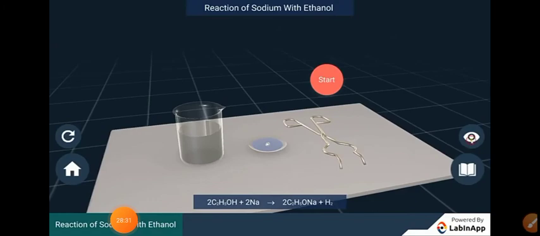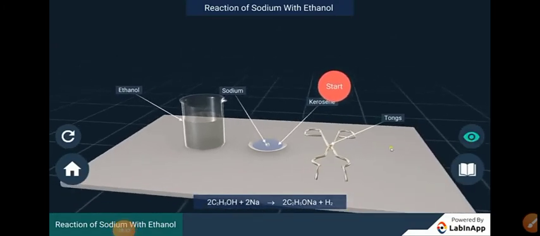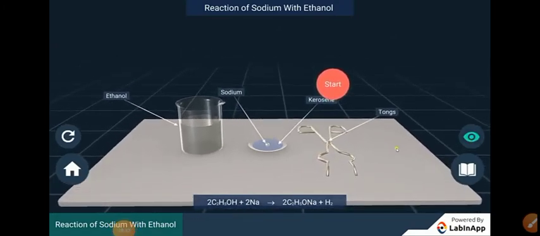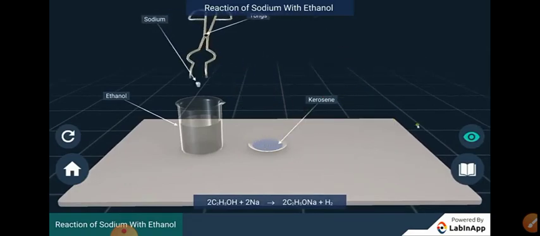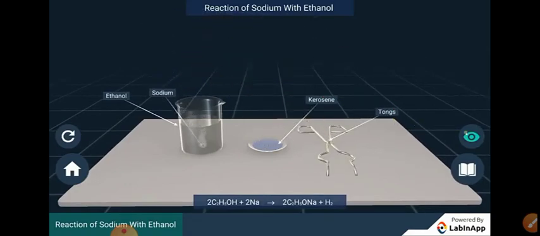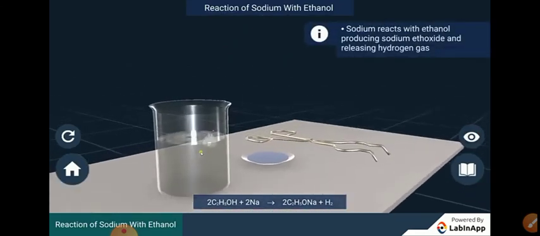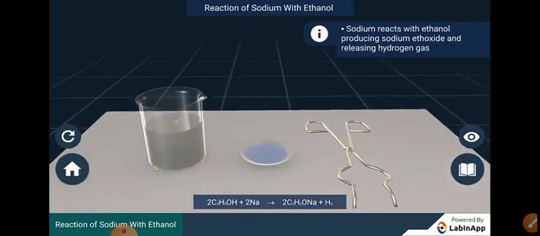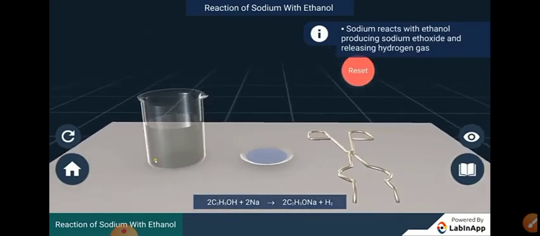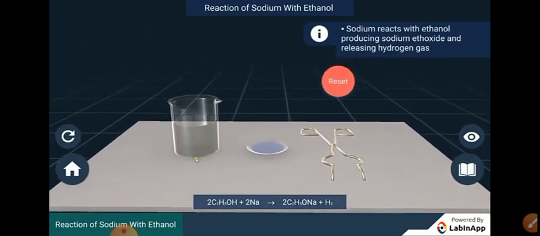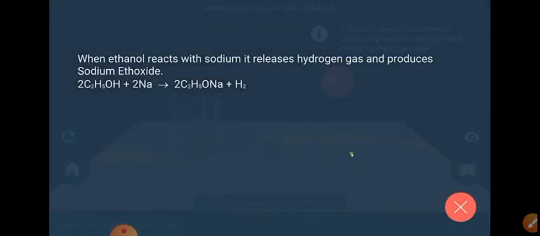What will happen when ethanol reacts with sodium? So we have to consider here sodium and ethanol. Take a piece of sodium in the ethanol. You can observe here that sodium reacts with ethanol with the removal of a gas. So what is formed there?